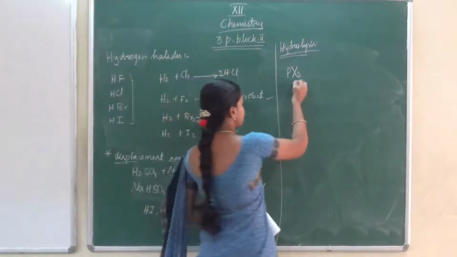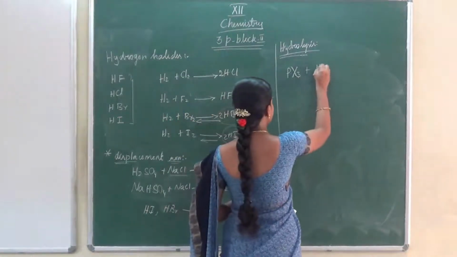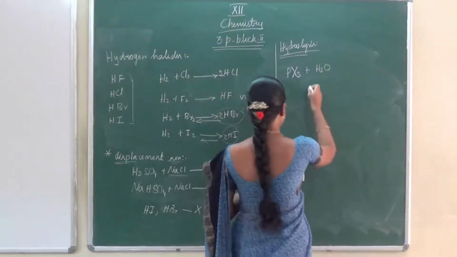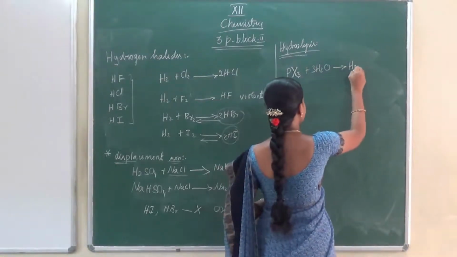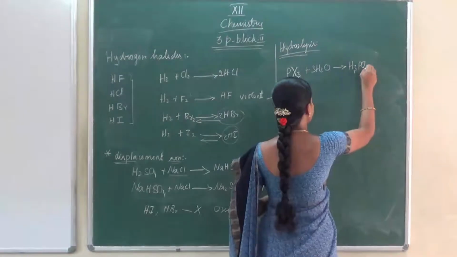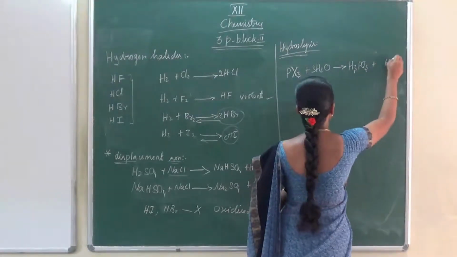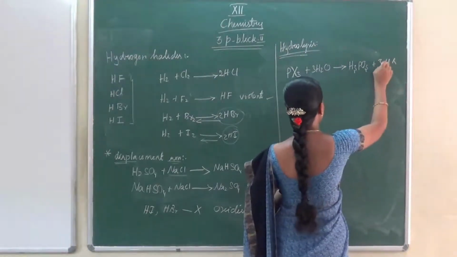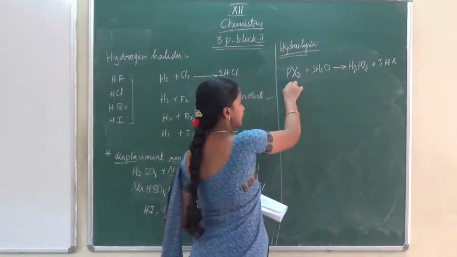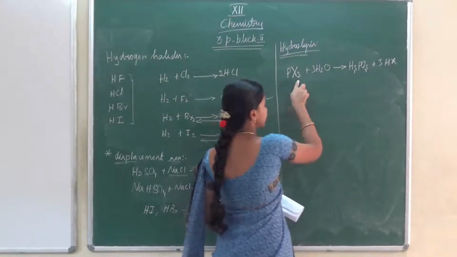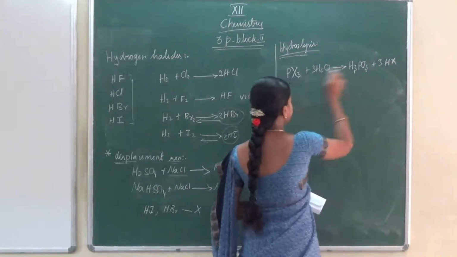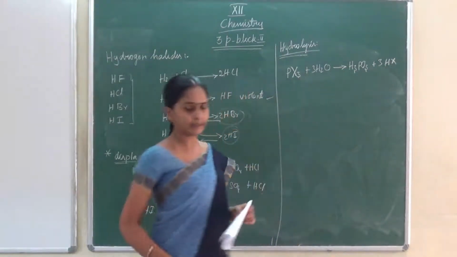When we treat with water, H2O, we will get the products phosphorus acid, H3PO3, plus HX, whatever the X may be. If it is PCl3, the product will be HCl. If PF3, the product will be HF, like that.